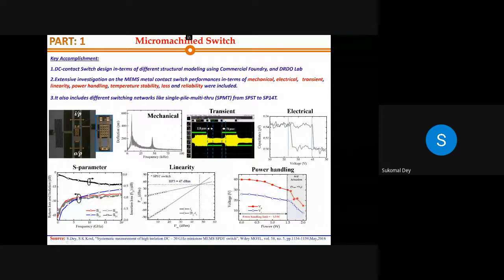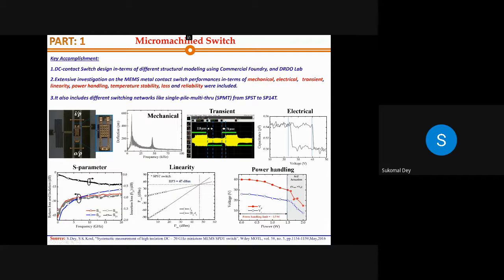Even if you go up to 40 gigahertz, you will get your insertion loss up to a maximum of 1 dB. But isolation, you can see, is close to 17 dB. Isolation is a very important parameter, and matching is a good number, nearly 20 dB.